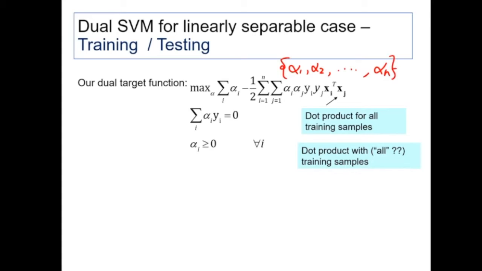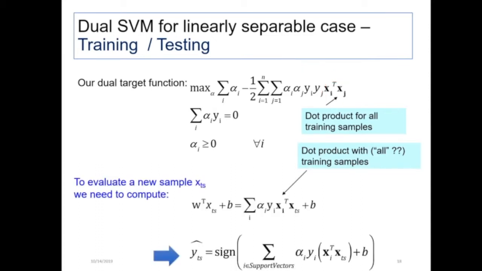The whole formulation is revised into this, so instead of using phi of x, I only need x i transposed x j. I only need the dot product among all the samples to learn the alpha.